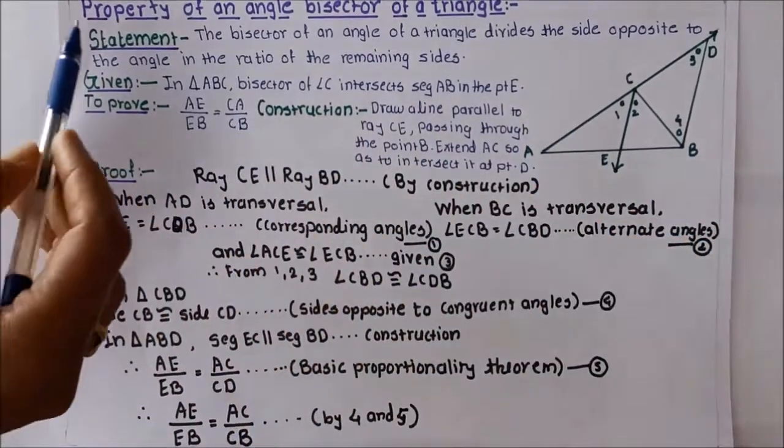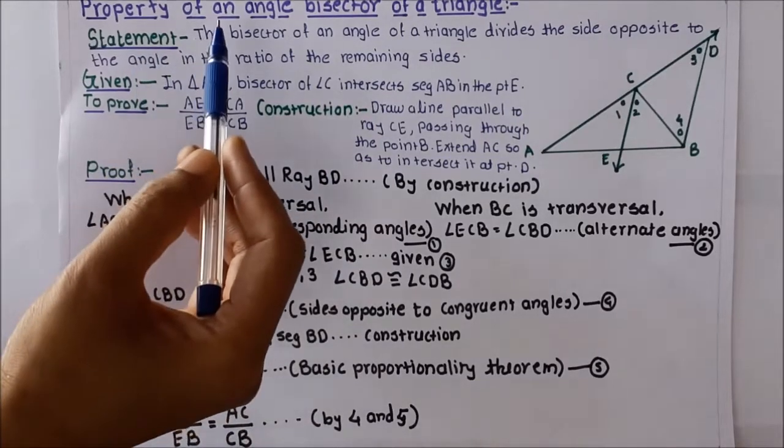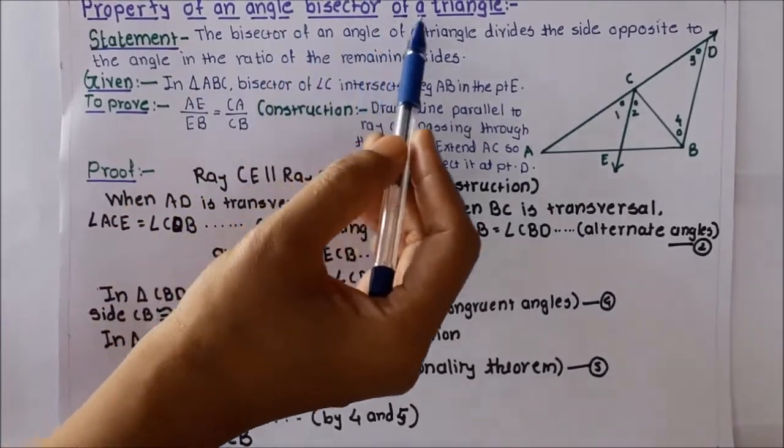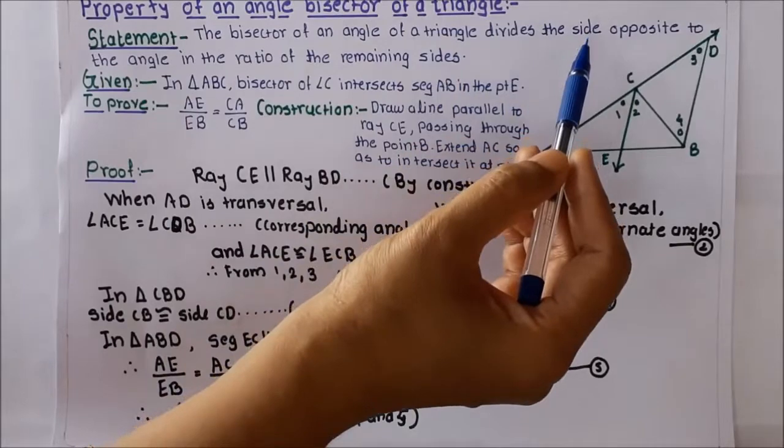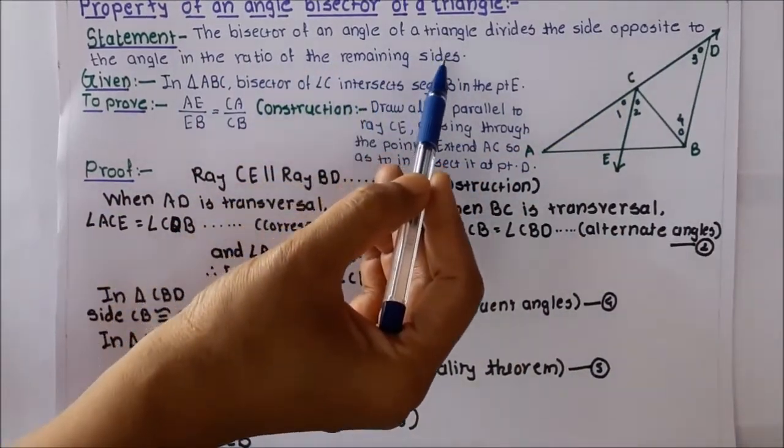Now we will read the statement of the property of an angle bisector of a triangle. Statement: the bisector of an angle of a triangle divides the side opposite to the angle in the ratio of the remaining sides.